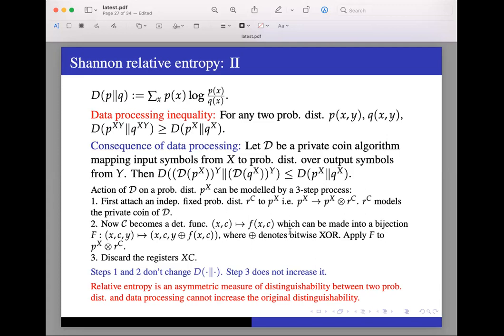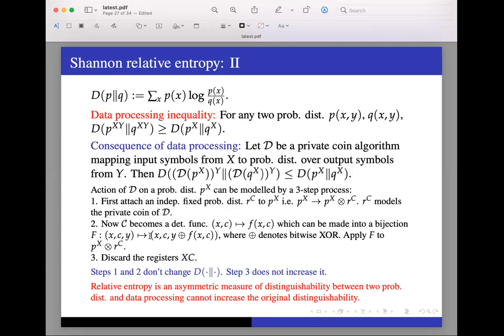Now it turns out this function, which is arbitrary, can be made into a bijection, capital F, as follows. I enlarge the input space. So I think of X, C, and there is another register Y. This register is basically the output register. Let us say for the algorithm, the output register is initialized in the all zeros state to start off with.